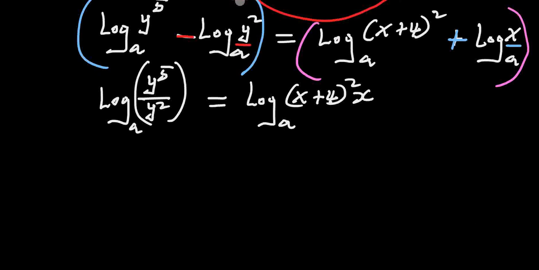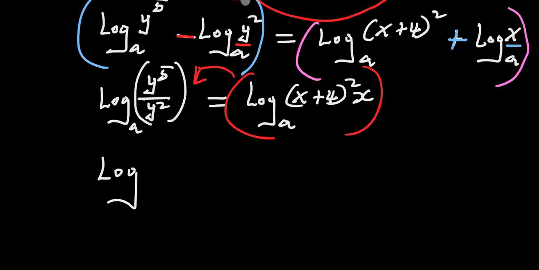Now we can switch this over to the left hand side and change this positive to negative. We have positive log (x plus 4) squared times x to base a. Switch it to the left hand side and it will become negative. So this is now log y to the fifth power divided by y squared. That is going to give us y cubed.